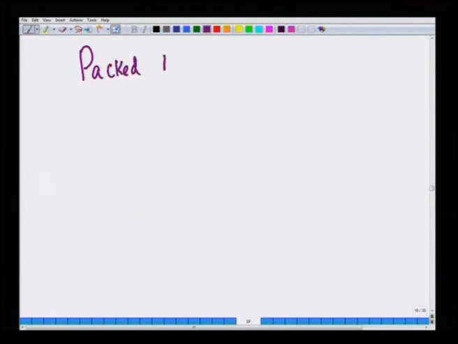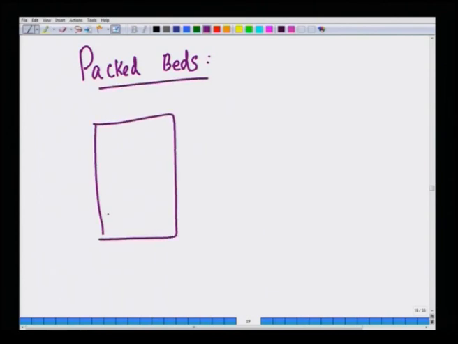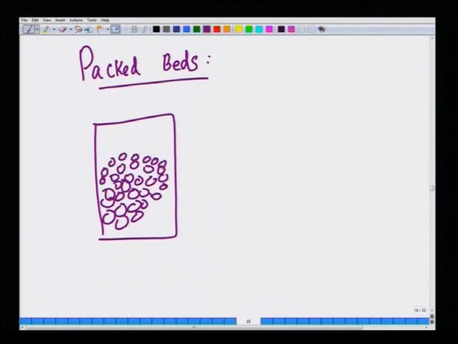So, the next topic that we are going to do is packed beds. Okay. So, it is going to schematically appear like this. You have a bed of particles, and fluid is going to flow in the interstitial voids or interstitial spaces between these various particles.